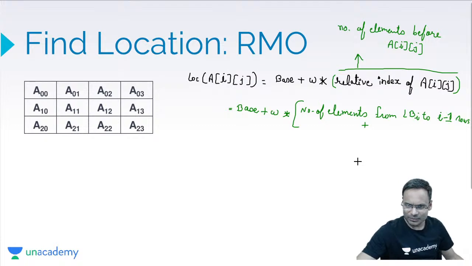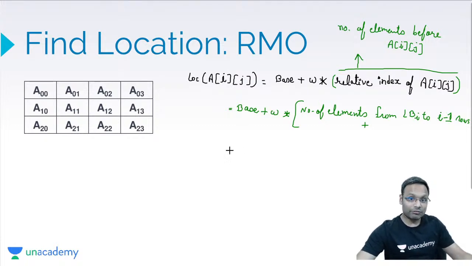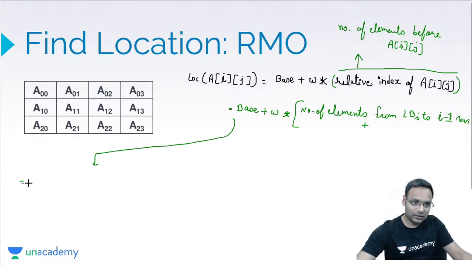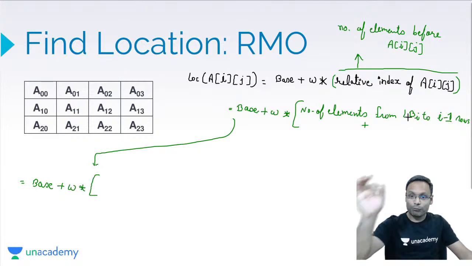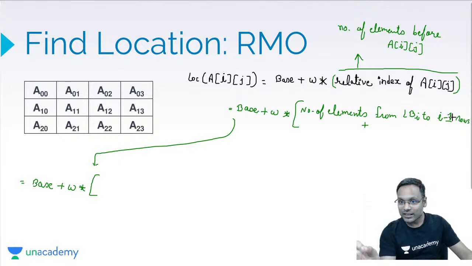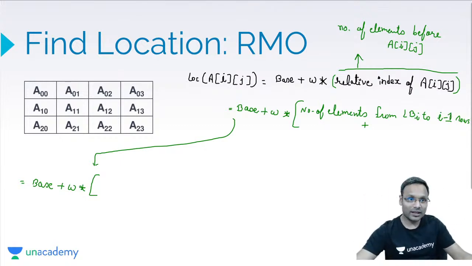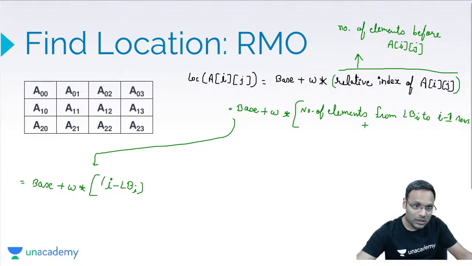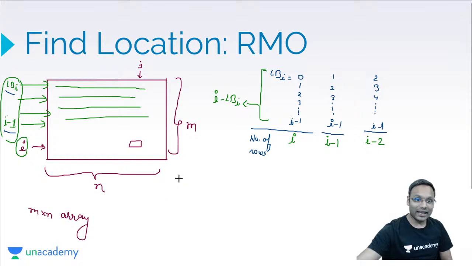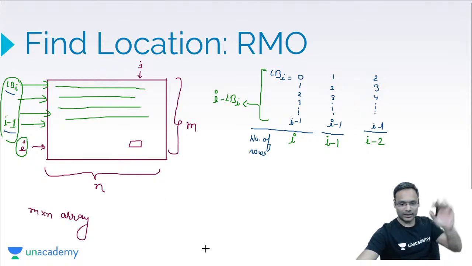I don't know how many elements yet. Fine. This much I am writing in the formula for now. This much is from lower bound of i to i minus 1. How many rows are there? The number of rows is i minus lower bound of i, and each row has n elements. How many elements in every row? n.